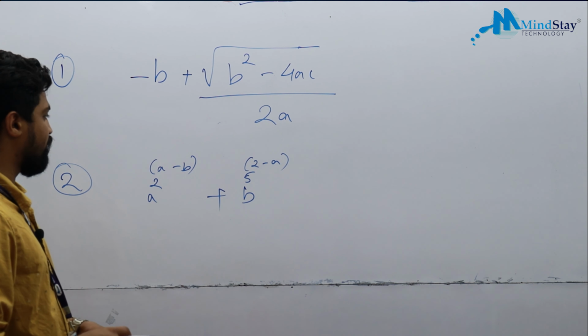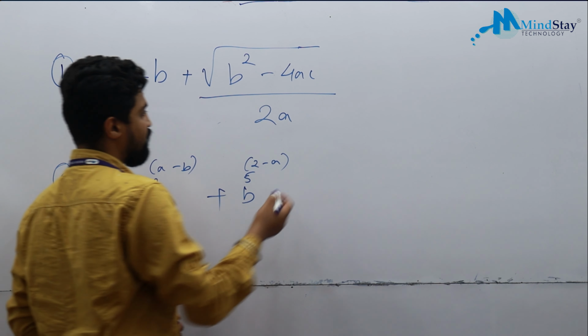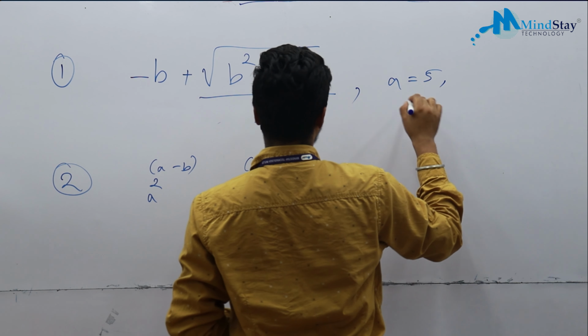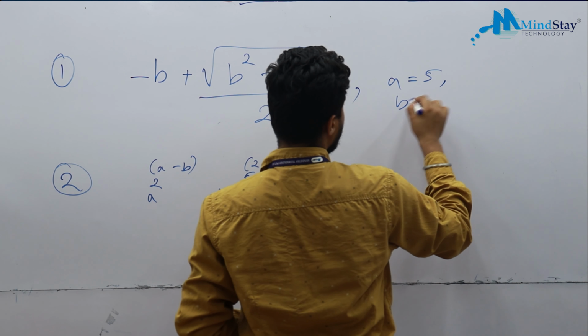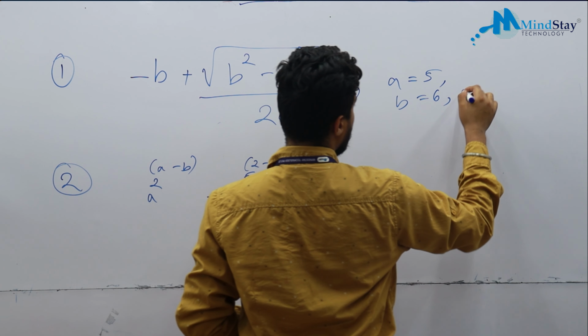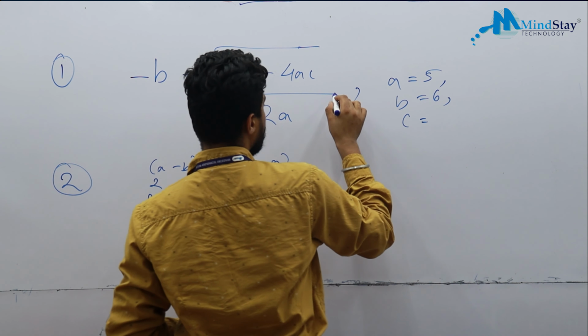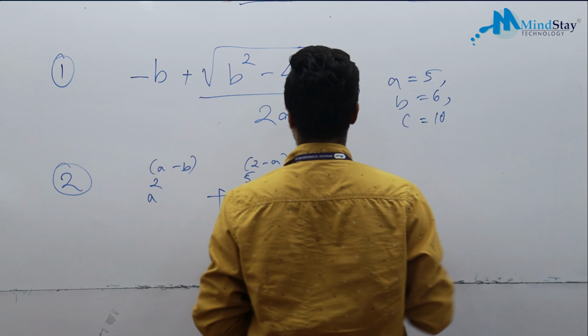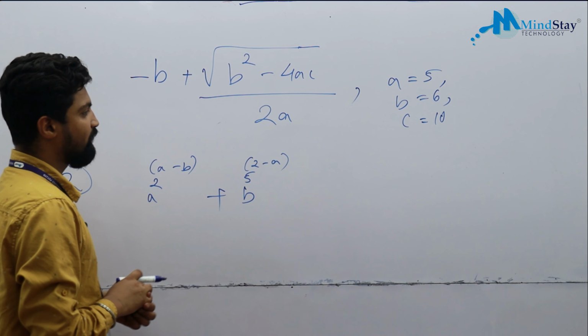Let's say here your a is 5, your b is equal to 6, and your c is equal to, let's say, 10. Your c is equal to 10.